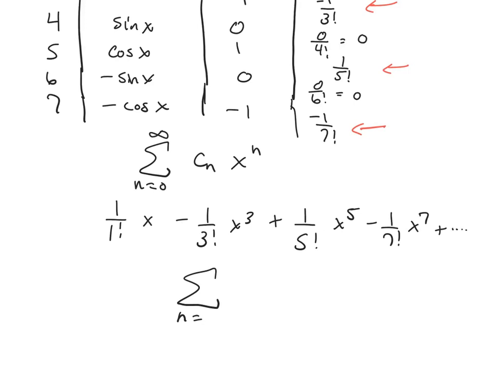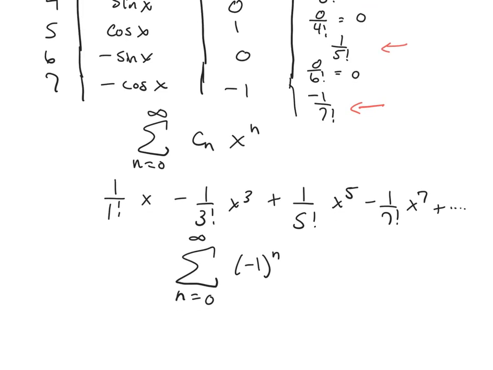Let's say I'm going to start at 0. So it's going to be either -1 to the n or -1 to the n minus 1, but the first term is positive, so it's going to be -1 to the n.